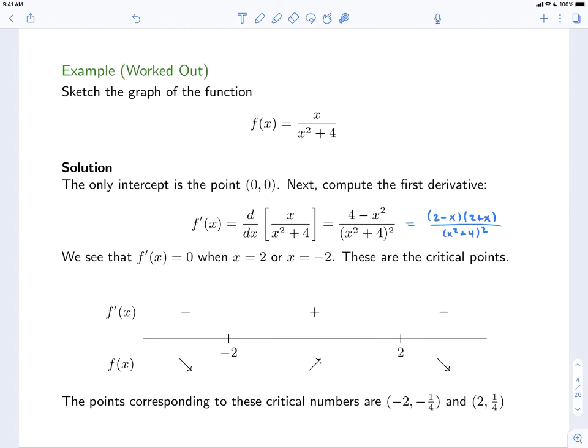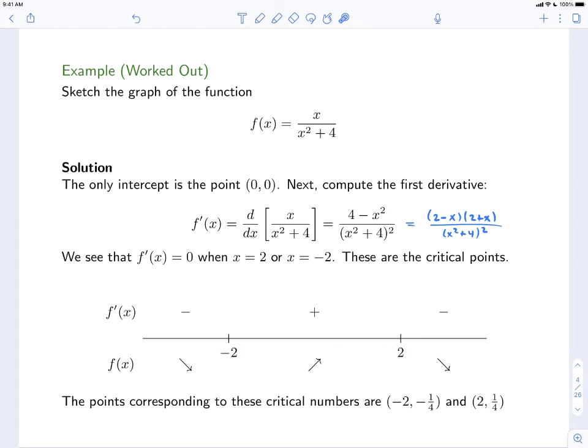If you take some number to the left of negative 2, like, for example, negative 3, then you'll have 2 minus negative 3 is positive 5, and then that will be multiplied by 2 plus negative 3, which is negative 1. So you'll have a negative number in the numerator. The denominator is always positive, so the result will be negative. We can also pick something between negative 2 and 2.